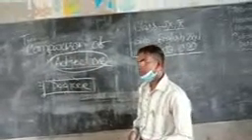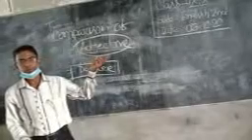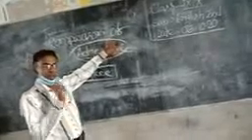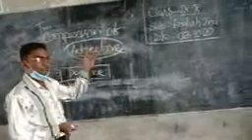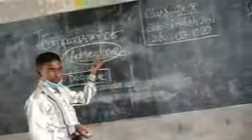Adjective is the word which modifies the quality or quantity of noun and pronoun. So those words which always refer to the quality or quantity of a noun and pronoun are called adjectives.